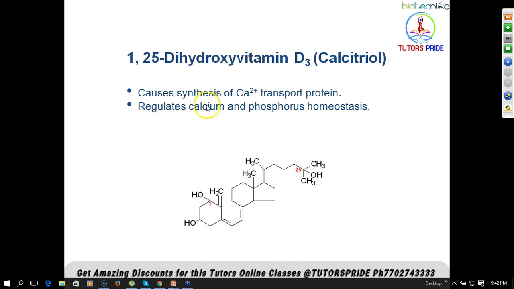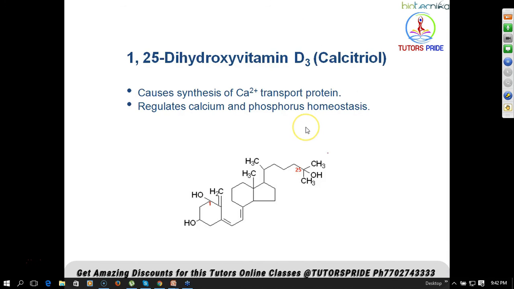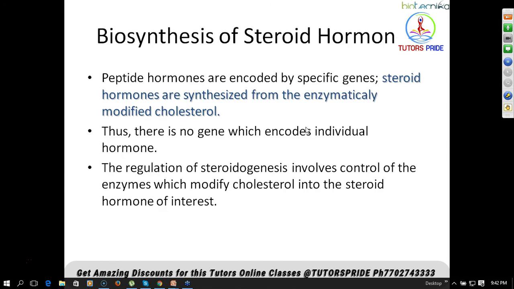It causes synthesis of calcium transport protein, and it regulates calcium and phosphorus homeostasis. This one is 1,25-dihydroxy vitamin D3. So calcitriol is nothing but vitamin D3. It will maintain the homeostasis.